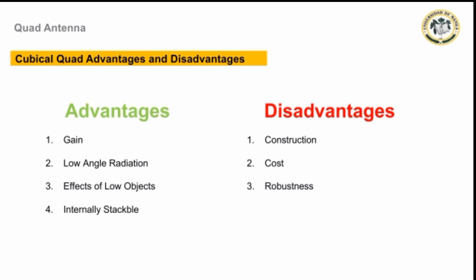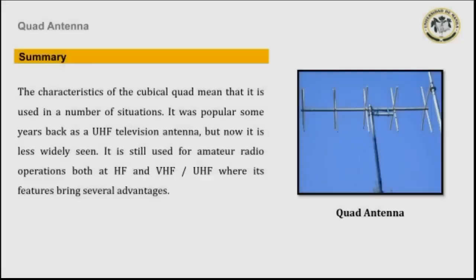And lastly is the robustness. The quad antenna is larger than its equivalent Yagi, and the spider arrangement used on many HF bands is often not as robust as a Yagi. For the summary of quad antenna, the characteristics of the cubical quad mean that it is used in a number of situations.